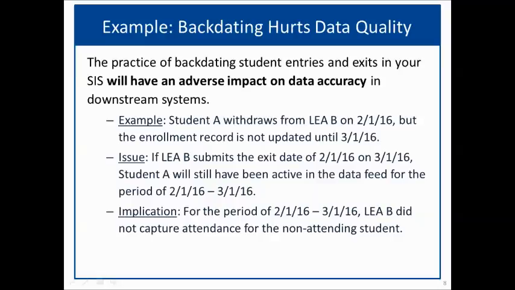However, OSSE's reports will still expect attendance for an enrolled student. And for those of you that are working in CLIC and have been dealing with the attendance anomalies for this past school year, you know exactly what this means: if we have an enrollment period for a student, there's an expectation that we would have attendance for that student.